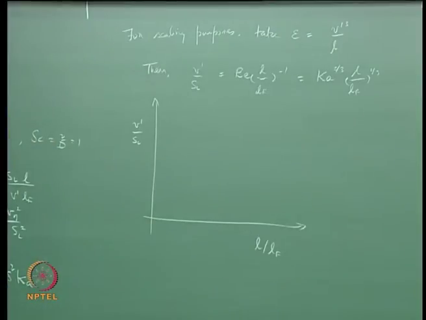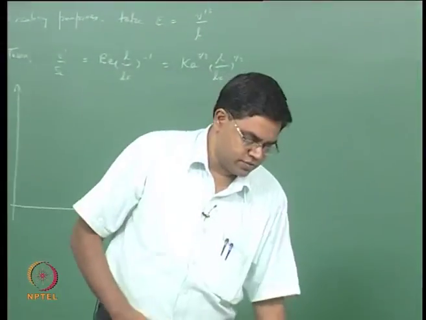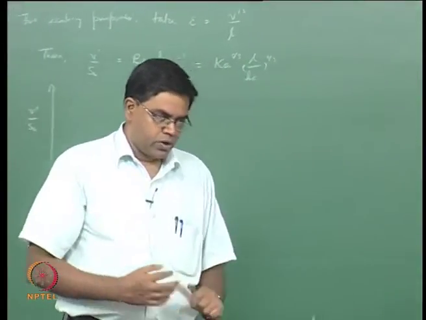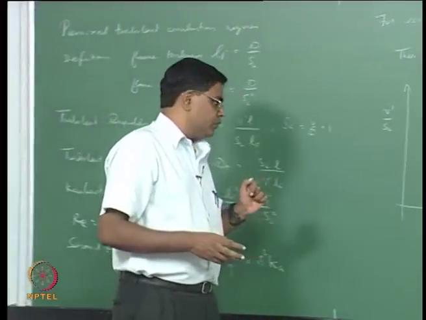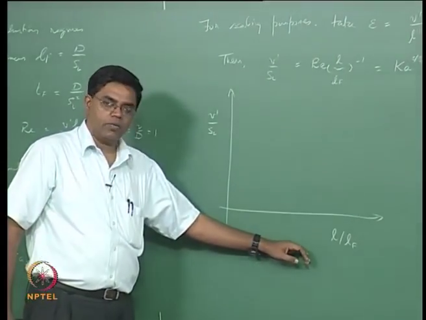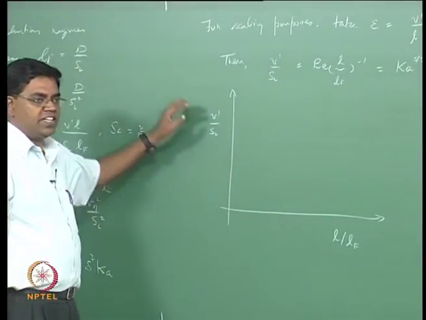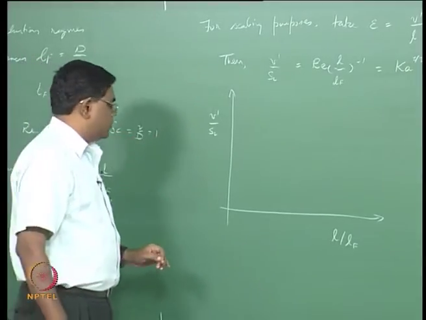What this basically means is that when you want to talk about turbulence, you characterize it in two ways. One, what are the length scales involved in the turbulent flow. The other, what is the intensity involved.